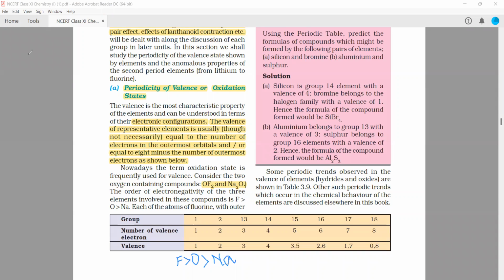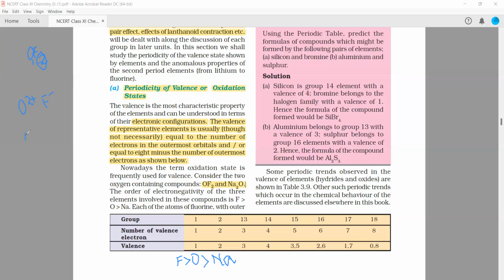So when we are talking about OF2, since F is more electronegative, it will carry the negative charge, and oxygen will carry the positive charge. So you can write it as O with 2 positive, and F with 1 negative. This 2 is because of the two fluorines, and this 1 is because of the fluorine, and the negative charge will be on the atom which is more electronegative.